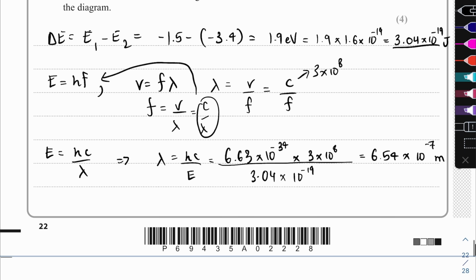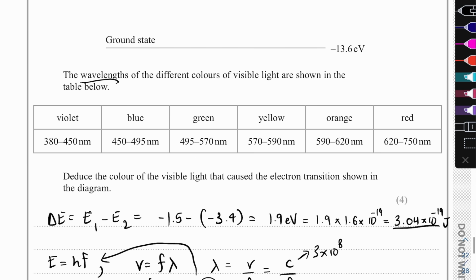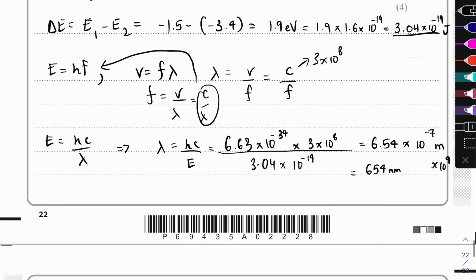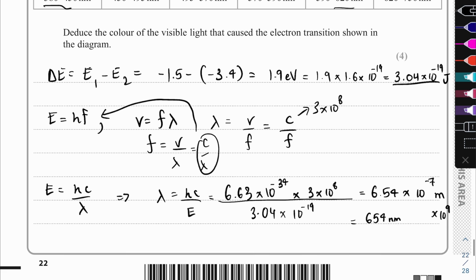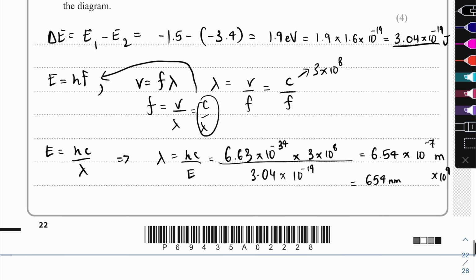To convert it into nanometers, we multiply by 10 to the power of 9. So this gives us 654 nanometers. So let's see where this lies. 380, nope. Blue, nope. Green, 570, 590, no. 620, nope. So we're left with red because it's 654. It's within the range. So we can say the color of visible light is red.